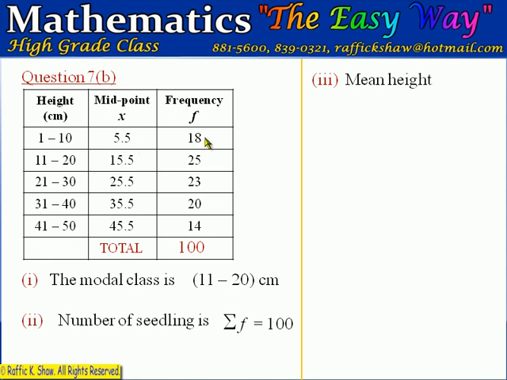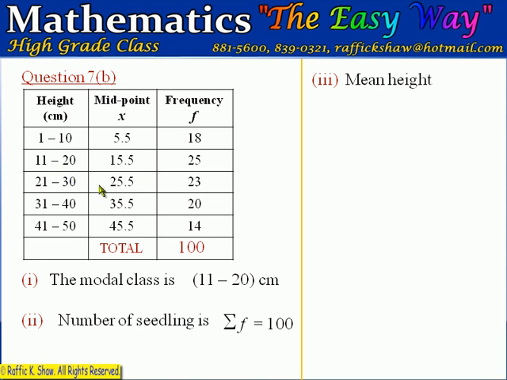What you do is assume that all 18 seedlings in the first group have a height that is equal to the midpoint of the first group. So the midpoint of the first group is being used to represent the first group. The midpoint of the second group is being used to represent the second group.